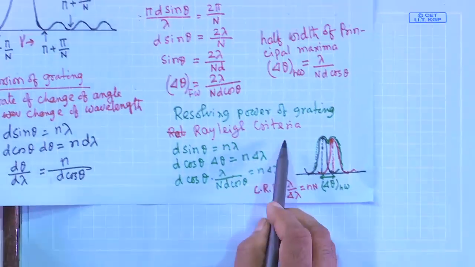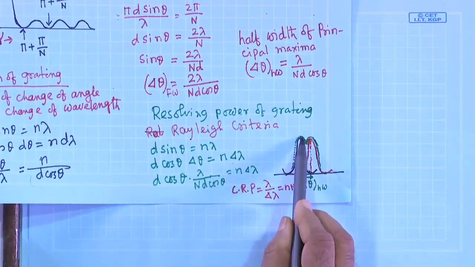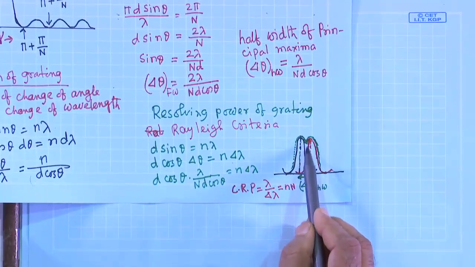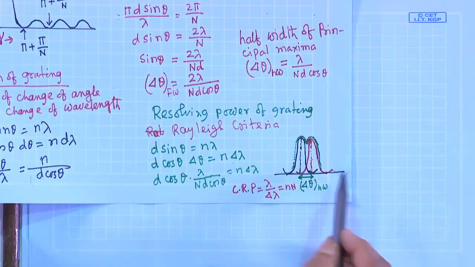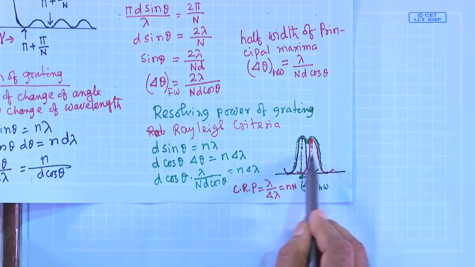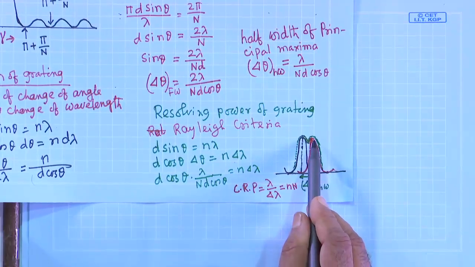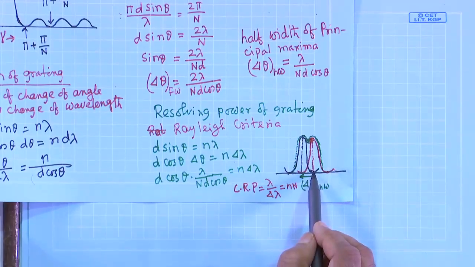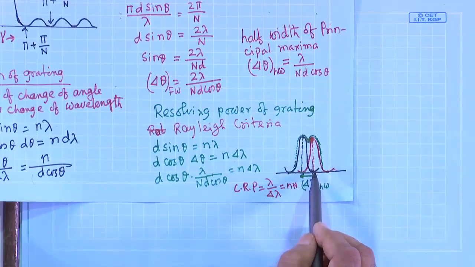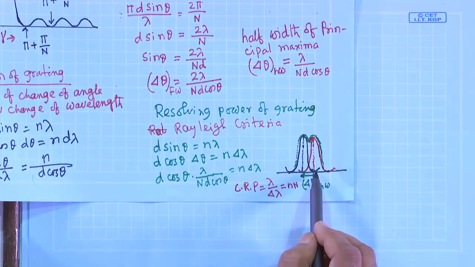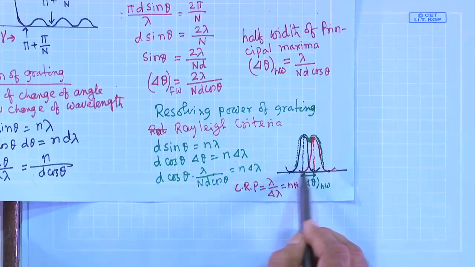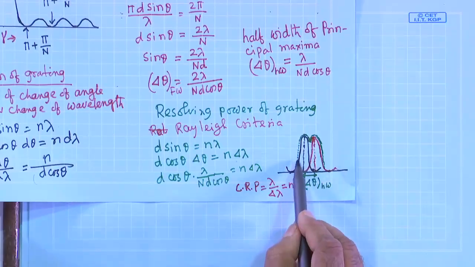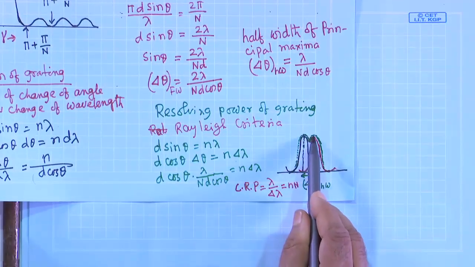Now the Rayleigh criterion for that. This is one principal maxima for a particular wavelength and this red one is for another wavelength, for the same order. If the peak of one is at the minimum of the other, and vice versa, for that angular separation we can resolve them and see the two separately, like this green one.